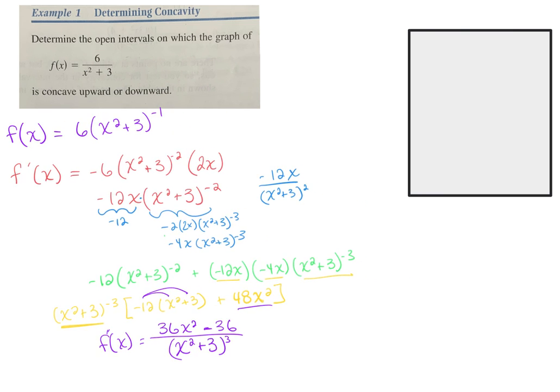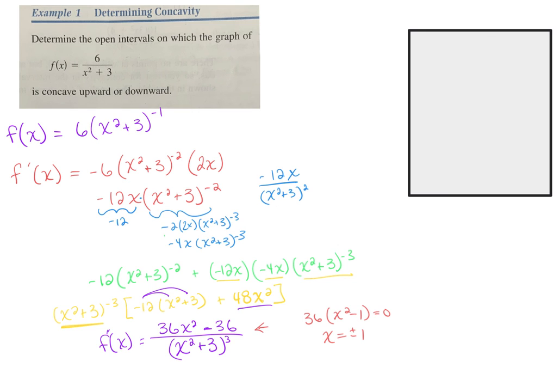And so if I were to take this numerator and set it equal to 0, that's where my whole thing is going to be 0. So take out a 36, you get x squared minus 1. Where does that equal 0? That's going to equal 0 at positive and negative 1. Everybody agree? All right. Positive and negative 1 are going to make it 0.